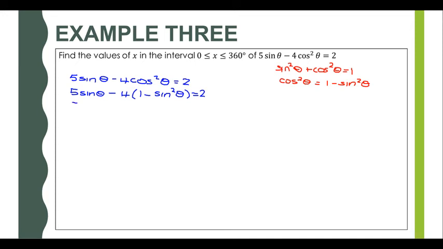So I'm going to expand my brackets to get 5 sine theta minus 4. Minus 4 times minus sine squared gives us plus 4 sine squared theta is equal to 2. And if I subtract 2 from both sides, I end up with 4 sine squared theta plus 5 sine theta minus 6 is equal to 0.